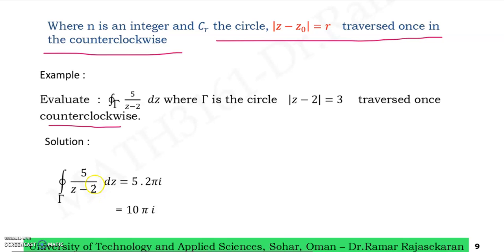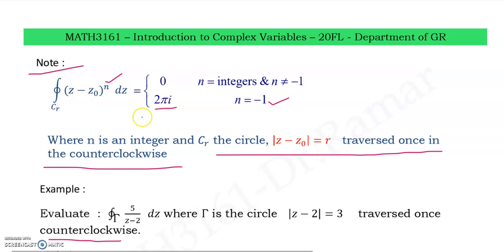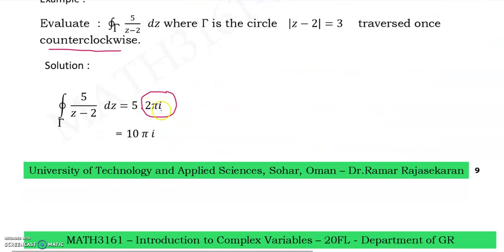This is the center given in the question. That's why for this integral of dz by z minus 2, I can give the value 2 pi i by using this previous result. Here I have 5 in the question, so I multiply by 5. So your final answer is 10 pi i.